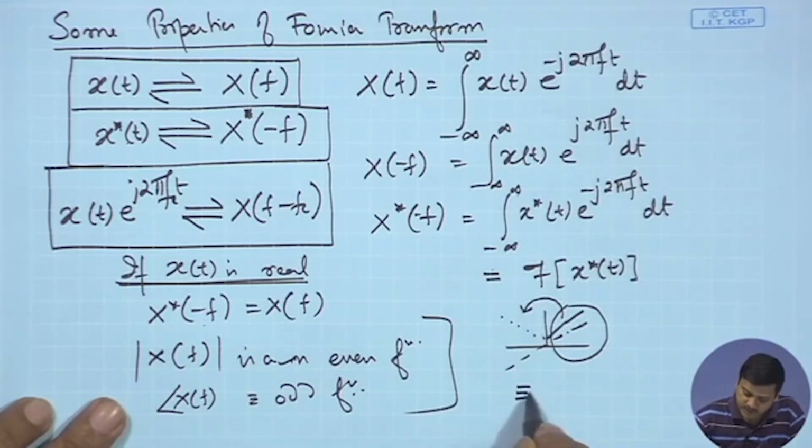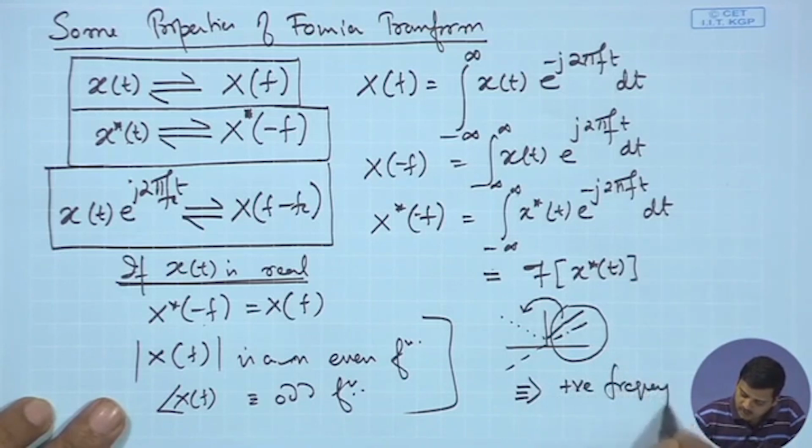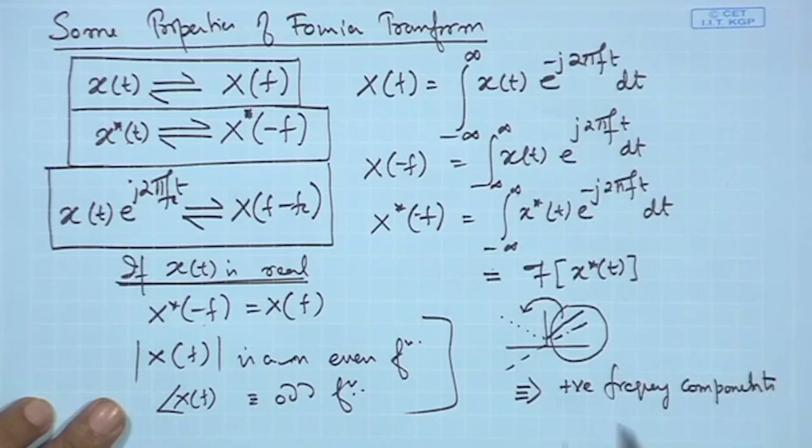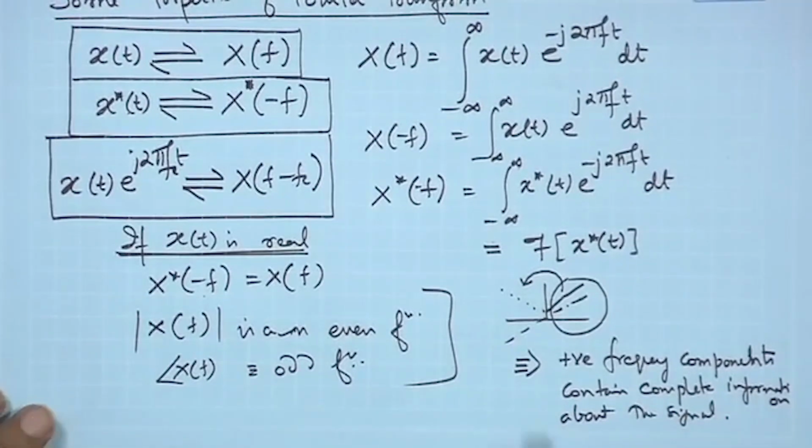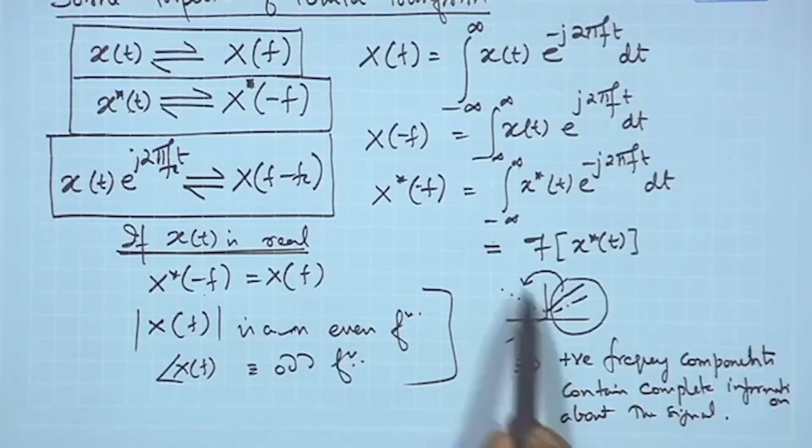So, effectively it tells us that the positive frequency components contain complete information about the signal. This is very important, that we do not require the negative side of the signal components.